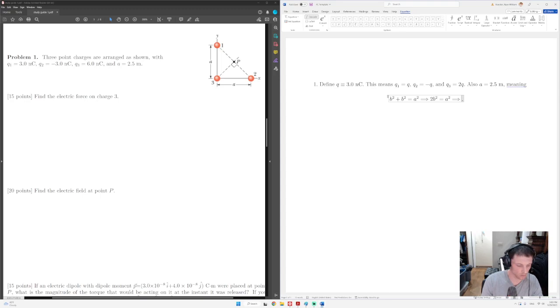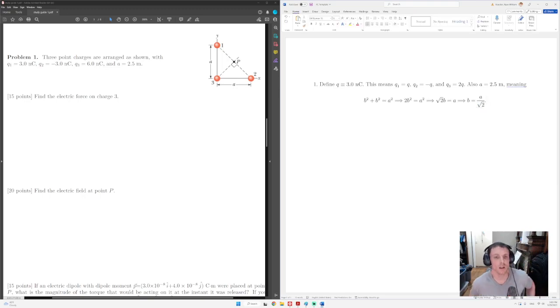Let me not skip steps here because that's how I make mistakes, but we would write square root of 2 times b equals a, and then finally write that b equals a over the square root of 2. Now this is great because now we have everything in terms of two variables, Q and A, which is awesome.